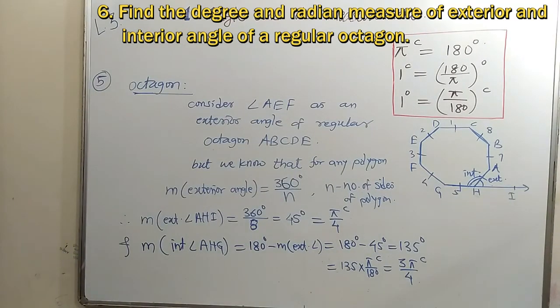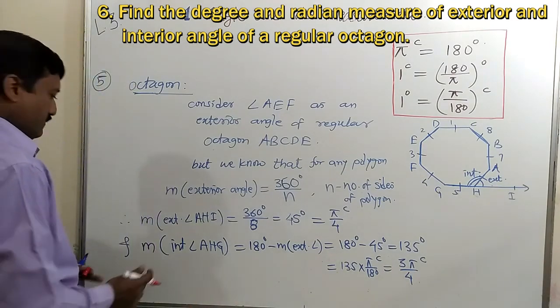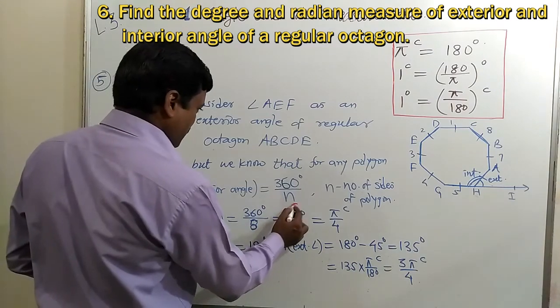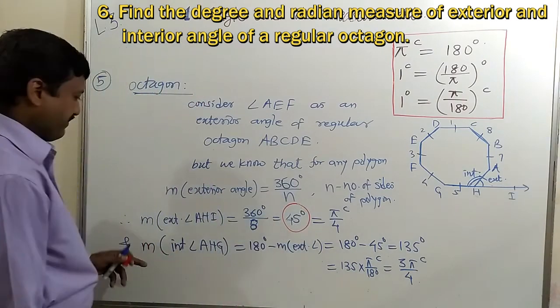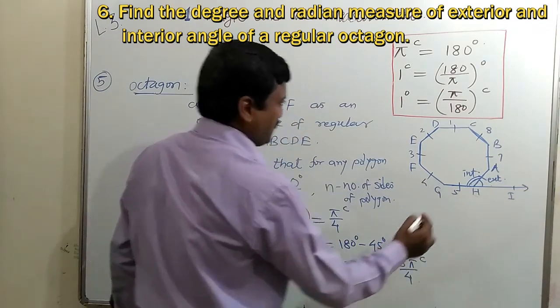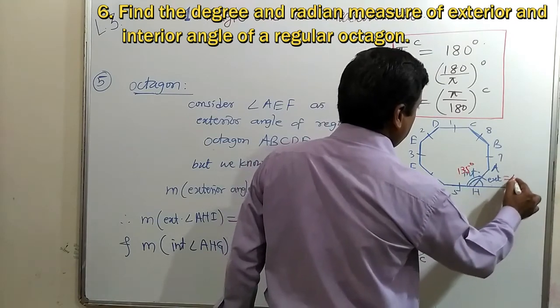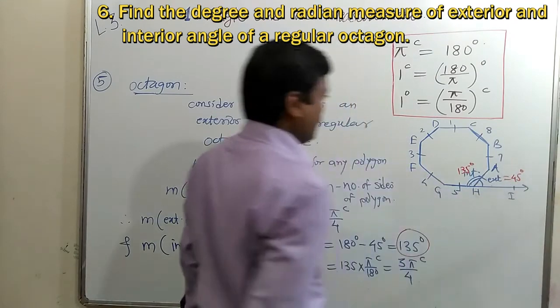So measure of exterior angle is 45 degree, and measure of interior angle of octagon is 135 degree.